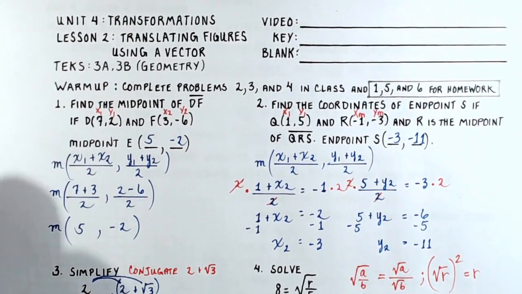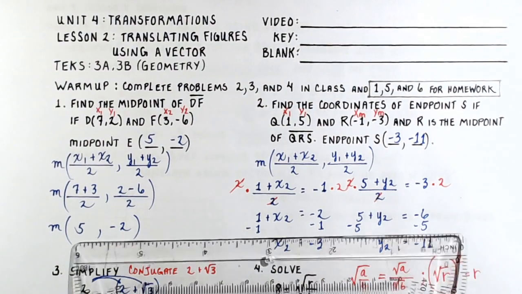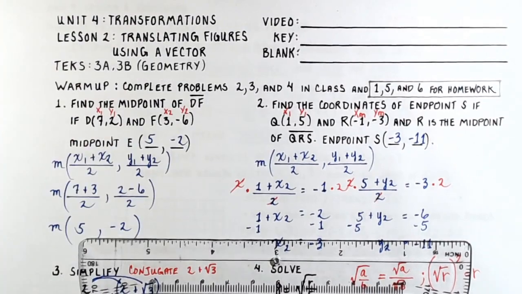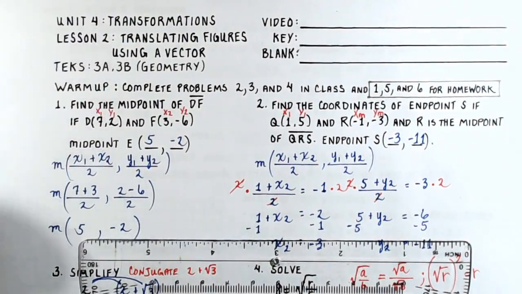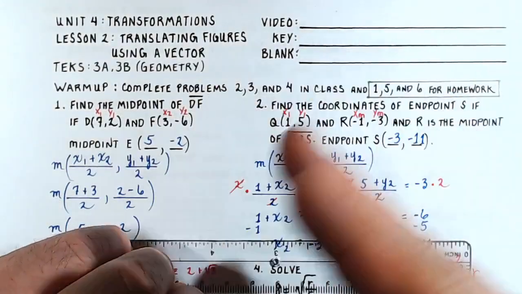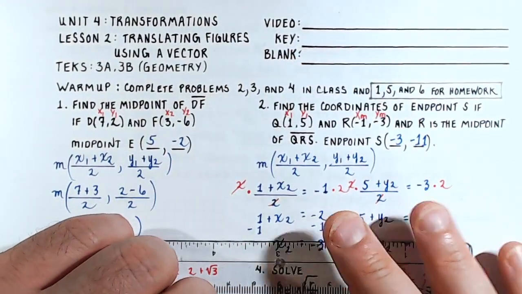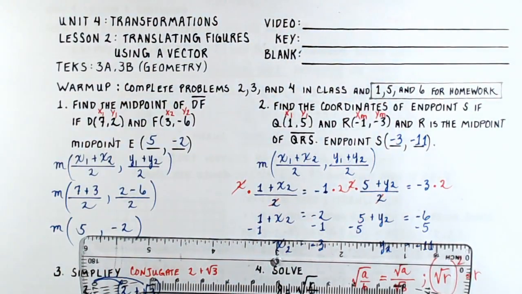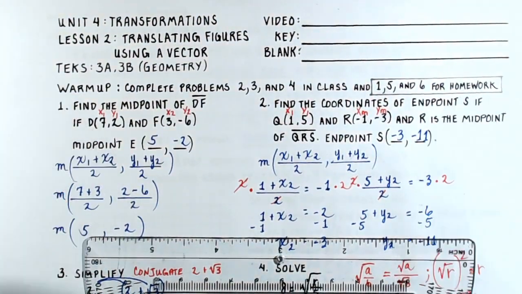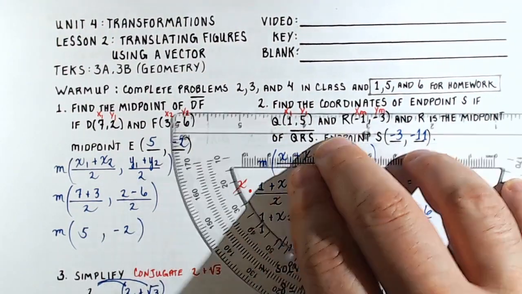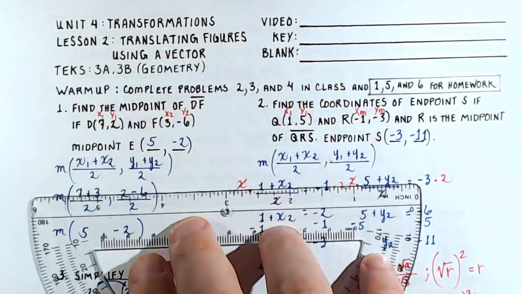Again, today was about learning how to translate figures using a vector, and I think we more than covered that. When we come back and rejoin, we're going to do transformations that involve multiple translations. So we only moved it once in this video. Next, we'll move the shape more than one time, twice, 3 times. And after that, we'll move on to different types of transformations. So this is a fairly simple translation. We're just moving something, right? Moving it around.